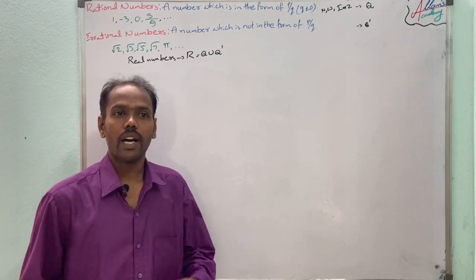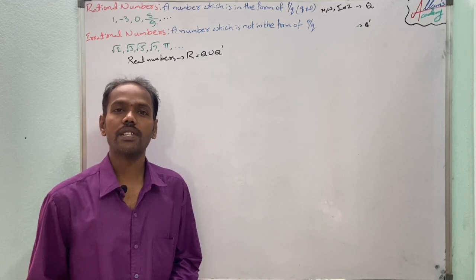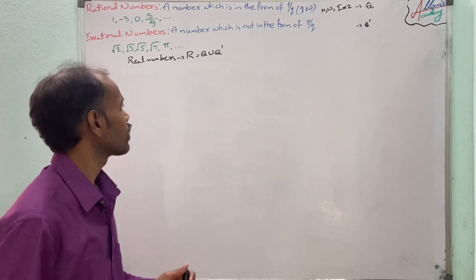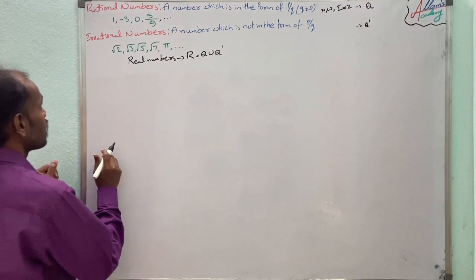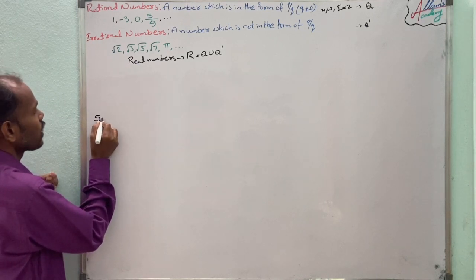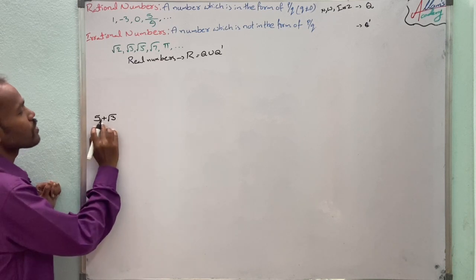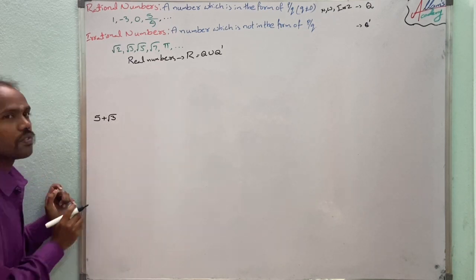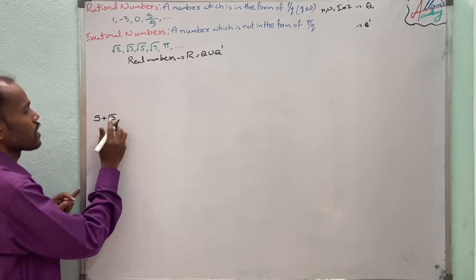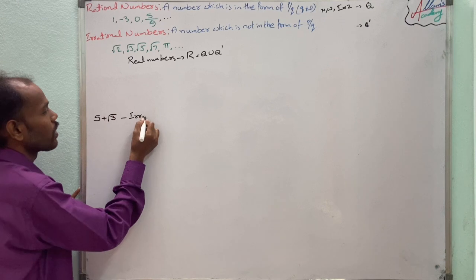Now we observe the addition, subtraction, multiplication and division of rational and irrational numbers. What happens? So now if we see 5, a rational number, and root 3, an irrational number, so root 3 value we know already, 1.732 up to so on, plus 5 means we get another irrational number only.